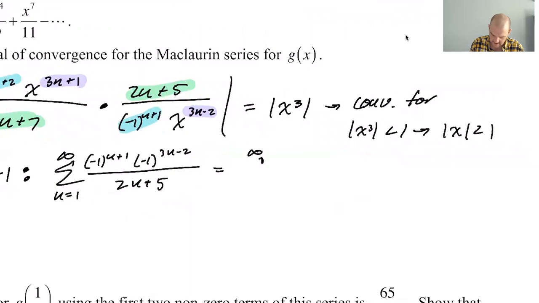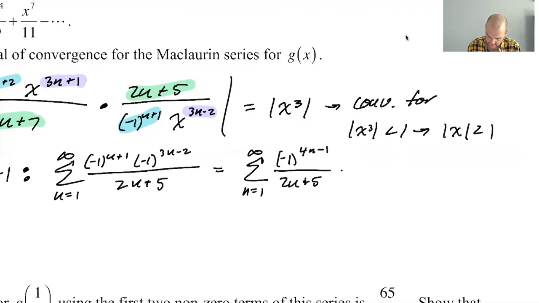Because if it alternates, it converges. If it doesn't alternate, it diverges. So this will be -1 to the n plus 1 plus 3n minus 2, which is 4n minus 1. If n is 1, you get 3. If n is 2, you get 7. Oh, actually, this is always odd, so this does not alternate.